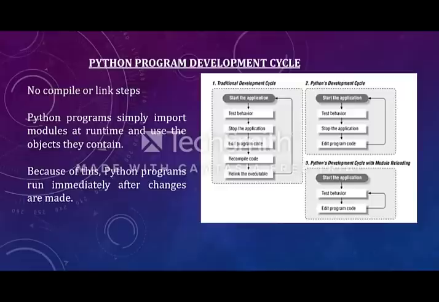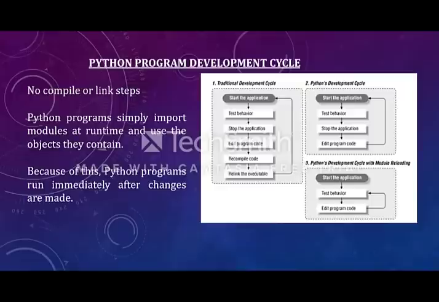The customer starts using that application and tests the behavior. He will check whether it is working fine or not. If he finds something wrong or something he needs to change, again we need to edit the program code, recompile it, rebuild the program, then start the application again.